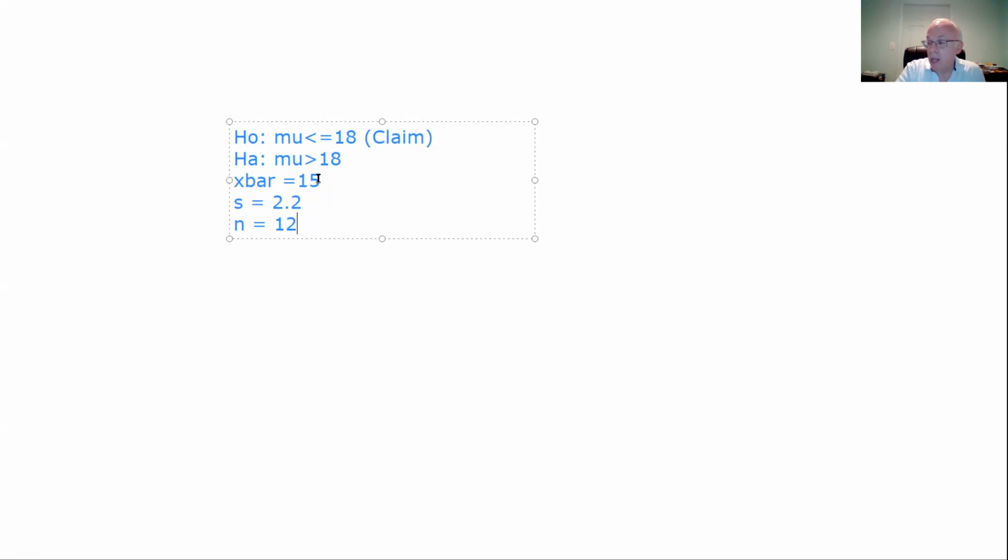Now, what we're going to be doing is calculating our test statistic, which remember again is x bar minus mu in the numerator, and the denominator is going to be s divided by the square root of the sample size. So we have everything here that we need. X bar is 15. Mu is 18. And here's s and n.